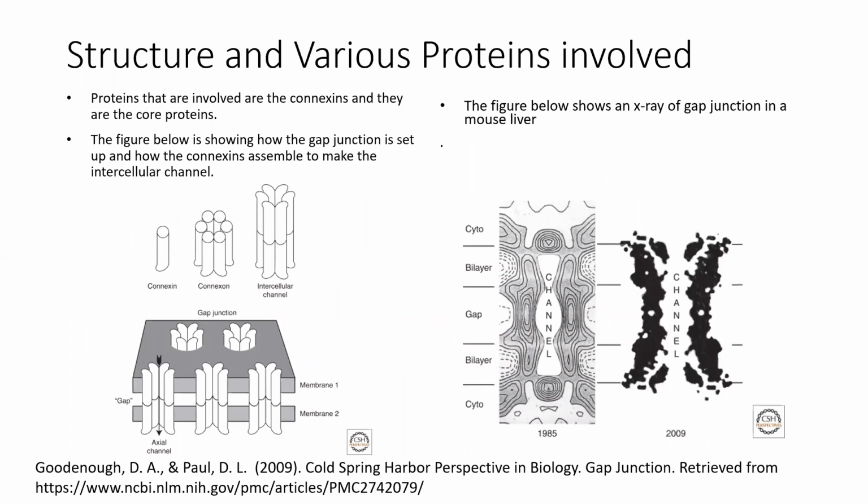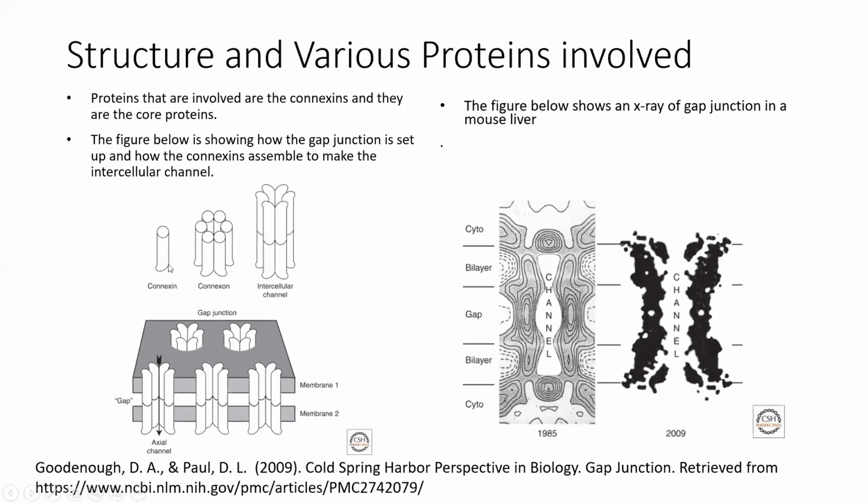These figures show the gap junction in several different ways. So the proteins that are involved are the connexins, and they are the core proteins of a gap junction. So this figure right here shows the gap junction, how it is set up, and how the connexins assemble to make the intercellular channel.